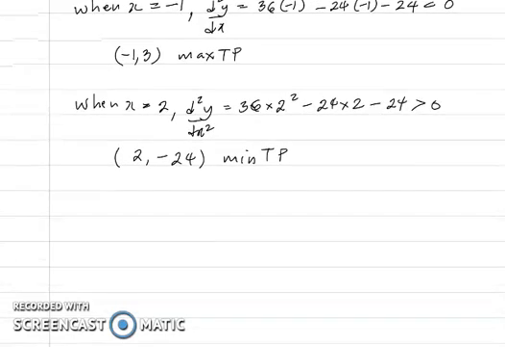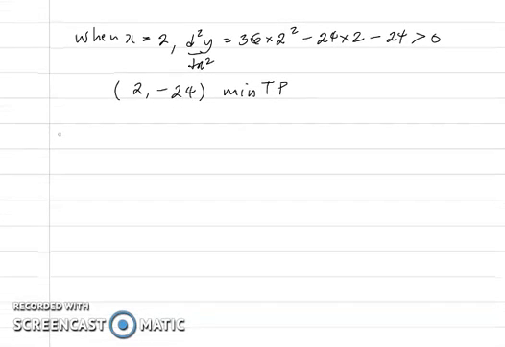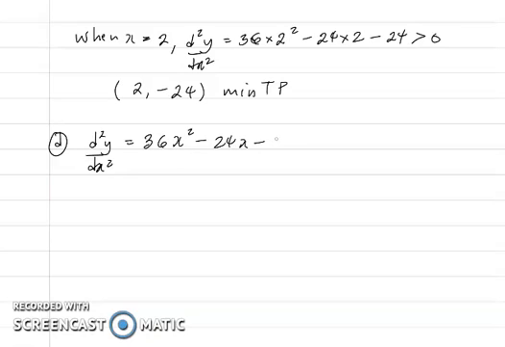Now we're at D. At D, we're asked to find the points on the curve where d2y by dx squared is equal to 0. So d2y by dx squared, which is equal to 36x squared minus 24x minus 24, is equal to 0.